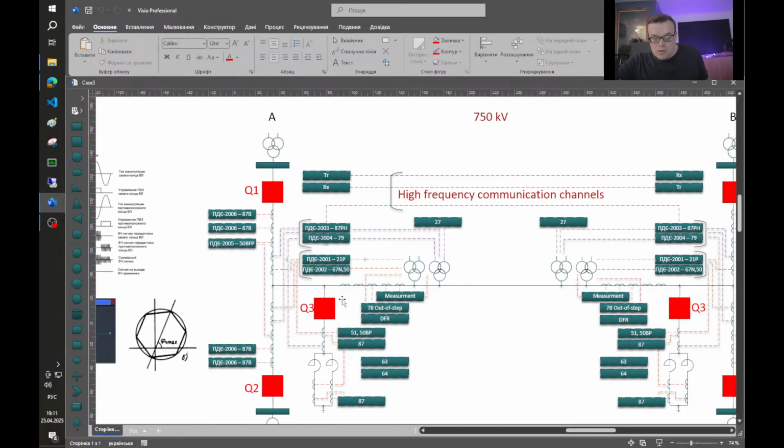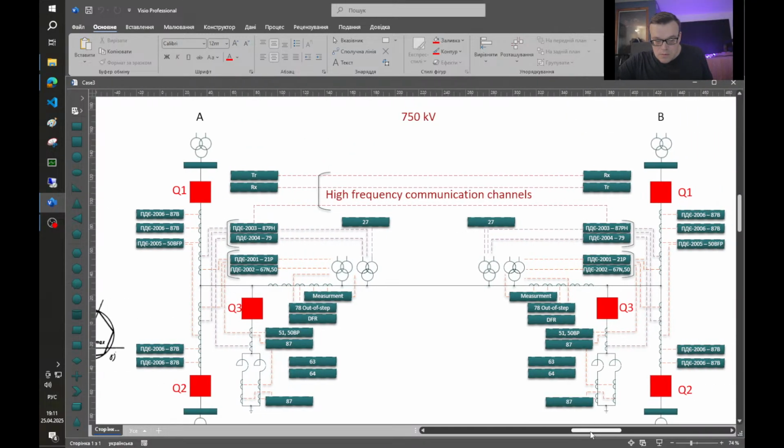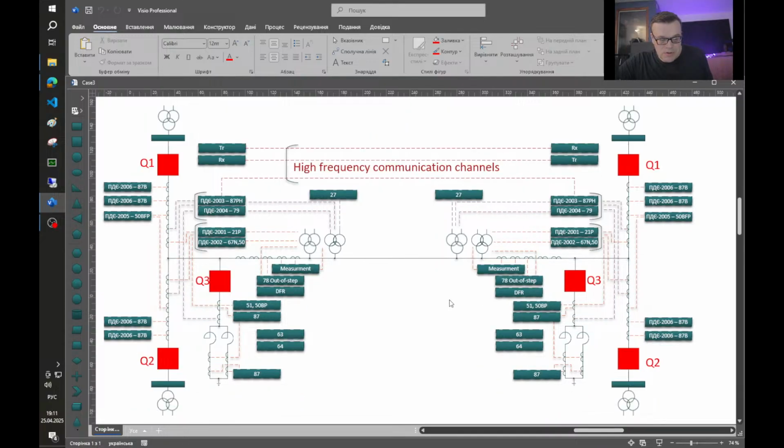So let's talk a little bit about protections. This case is from 2016, and the whole protection was from the Soviet era.